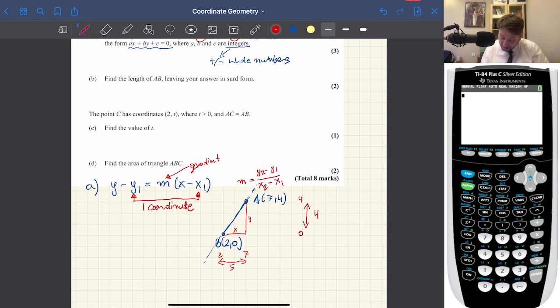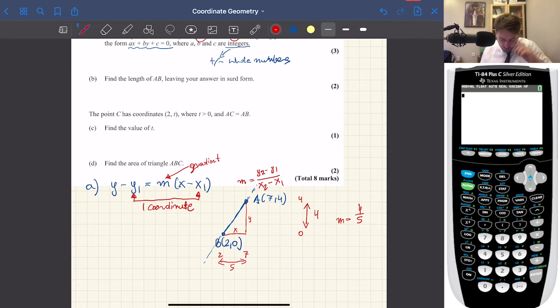Therefore my gradient, m, will be 4 over 5. You can use the formula and check it: 4 minus 0 and 7 minus 2, and you get the same thing, 4 over 5. If you are the formula person, use the formula.